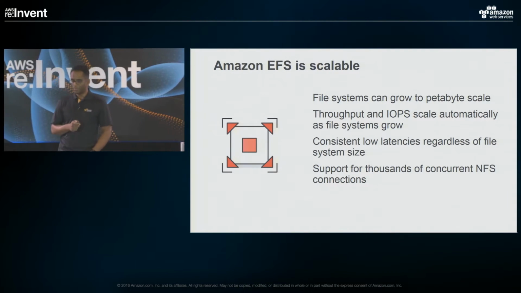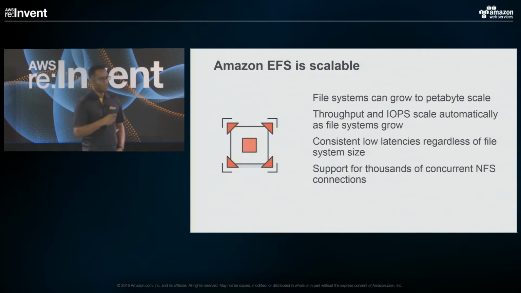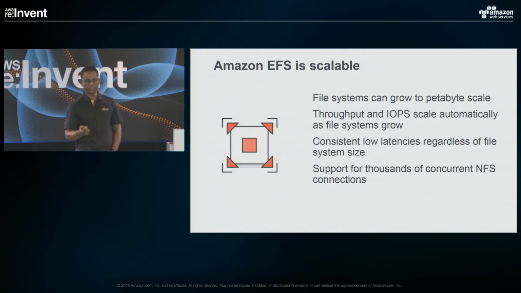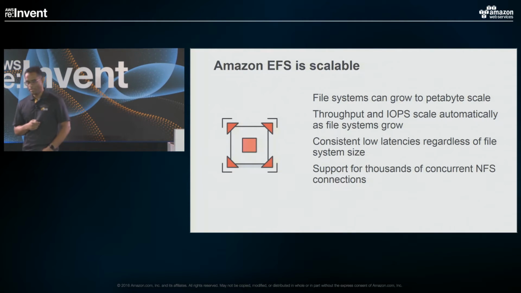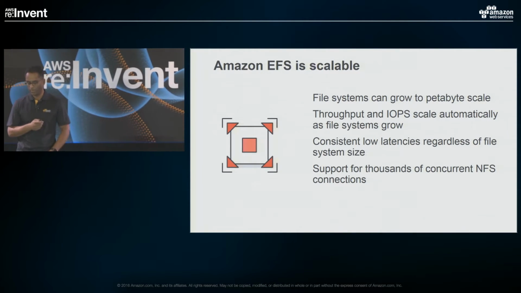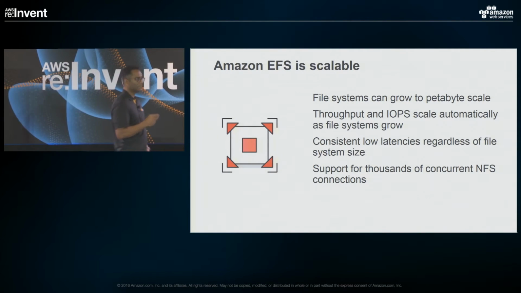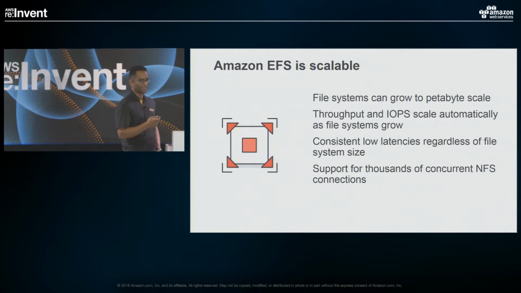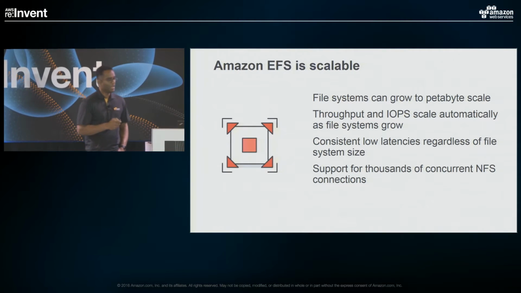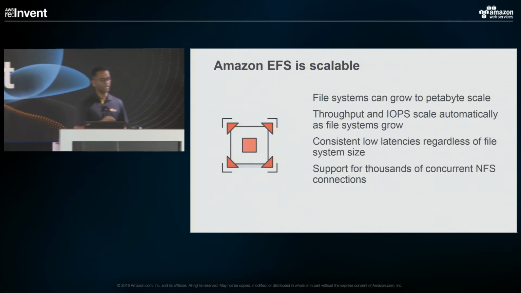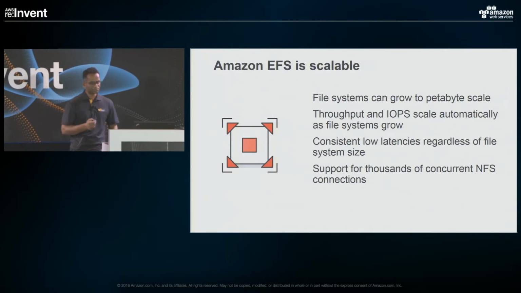EFS is designed to be scalable, which means that, again, without pre-provisioning, you can start in the gigabytes, go into the terabytes, and as your needs grow, it can get into the petabytes as well. And performance increases as the size used on your EFS file system increases as well. And it can support thousands of concurrent NFS connections across a wide variety of EC2 instances.